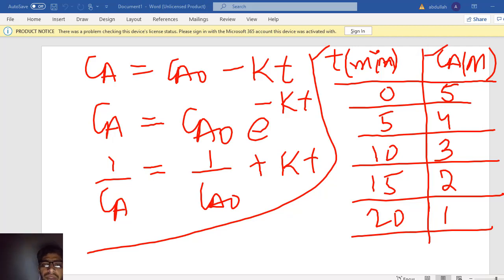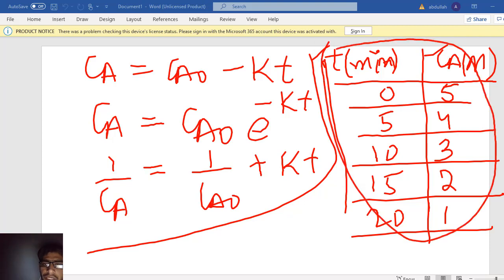Now we will put the data from this table into these equations, and we will obtain a straight line for each equation. We will choose the best fit straight line.